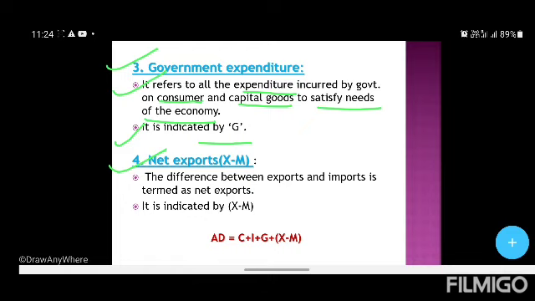It is the difference between exports and imports, and it is indicated by capital X which stands for exports and capital M which stands for imports. The difference between exports and imports is called net exports. So we can say AD, which is aggregate demand, is equal to C plus I plus G plus X minus M. These are the different components of aggregate demand.